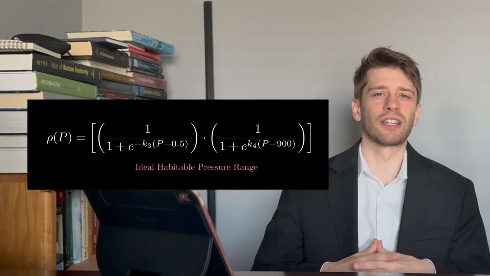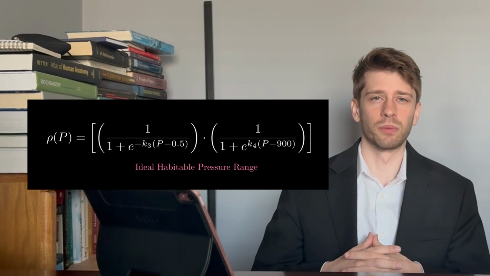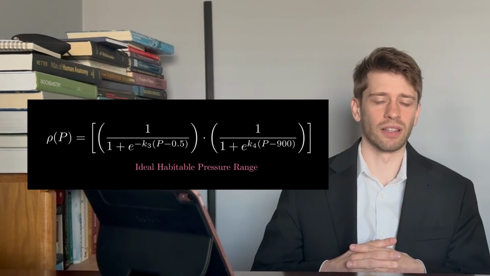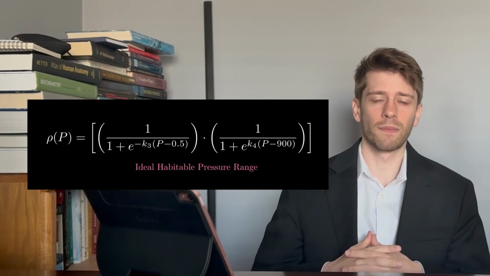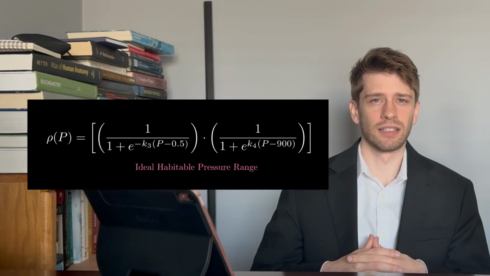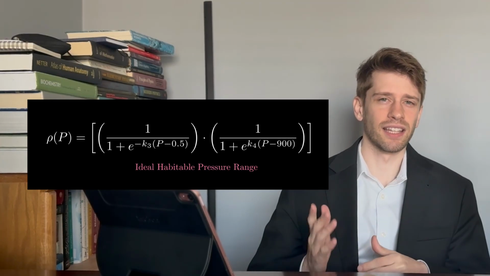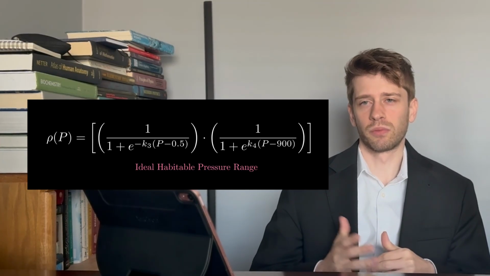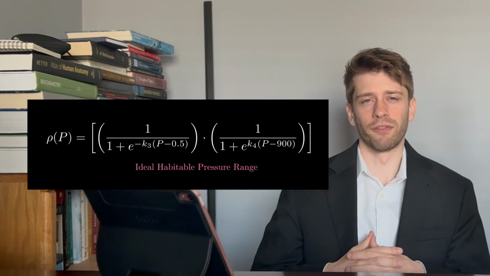But that doesn't mean they can form there, or even that it would be ideal for a life form that we see here on Earth, a biochemical system, to form and exist at that level. So we set it to 0.5 atmospheres.